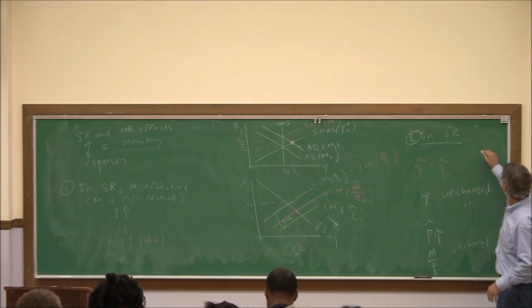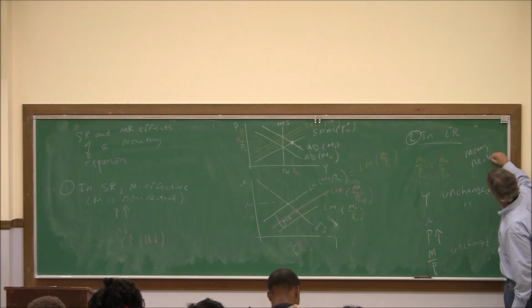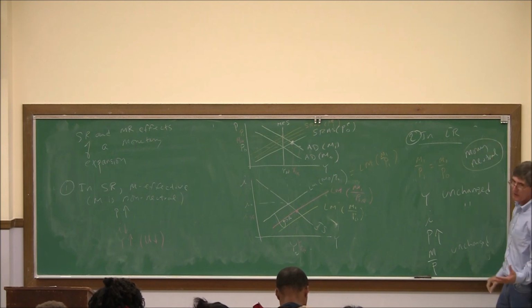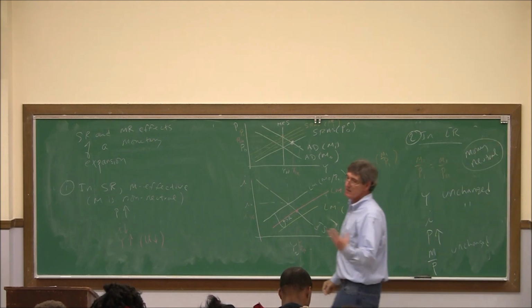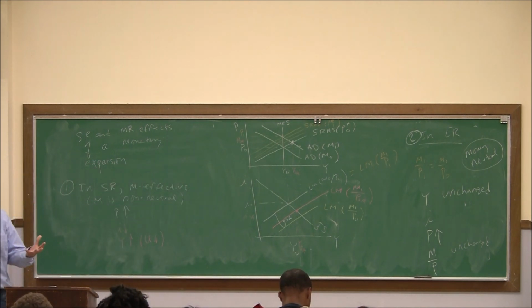So in this case, money is neutral. We have monetary neutrality in the medium run, non-neutrality in the short run. So monetary policy is effective in the short run, ineffective in the long run.